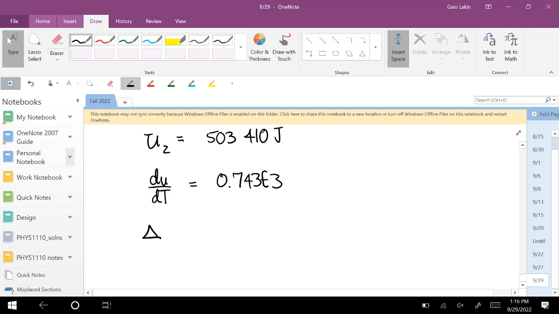So the change in specific internal energy is equal to 0.743 times 10 to the third times the final temperature minus the starting temperature. We can do it in Kelvin.